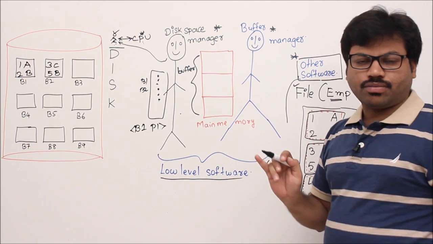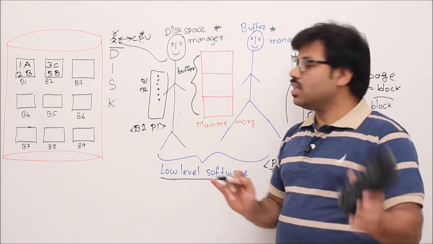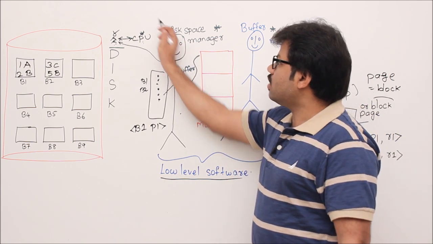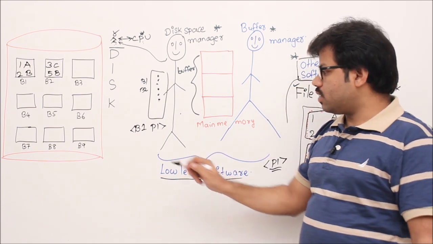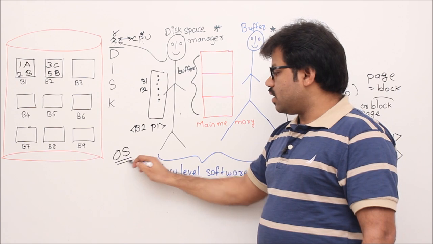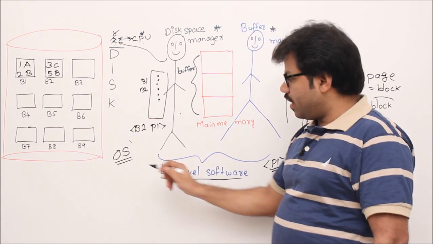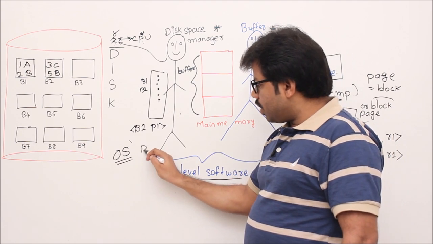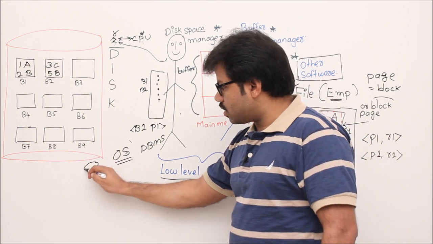And one more thing, there are two kinds of DBMS softwares. Some softwares will further consult the operating system in between before storing the data. So some softwares depend on the operating system to store the data. That means this is your DBMS, this is your operating system, this is your hard disk.